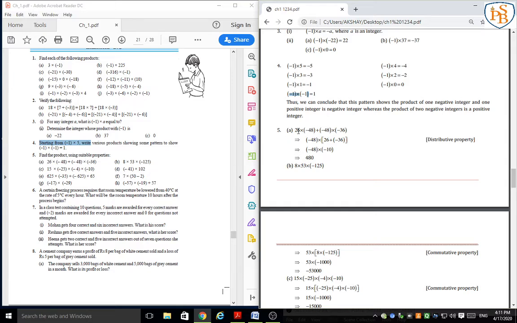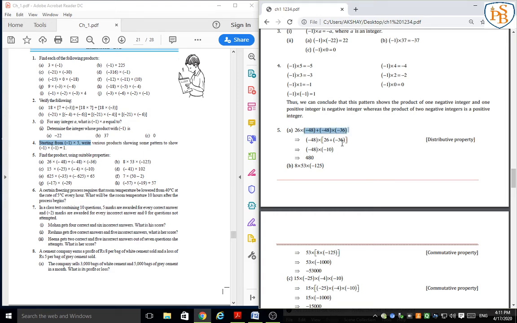The first one, 26 into negative 48 plus negative 48 into negative 36. Look here, on both sides negative 48 is common, so I put it outside the bracket as a common factor, and in the bracket I write the remaining 26 plus negative 36.